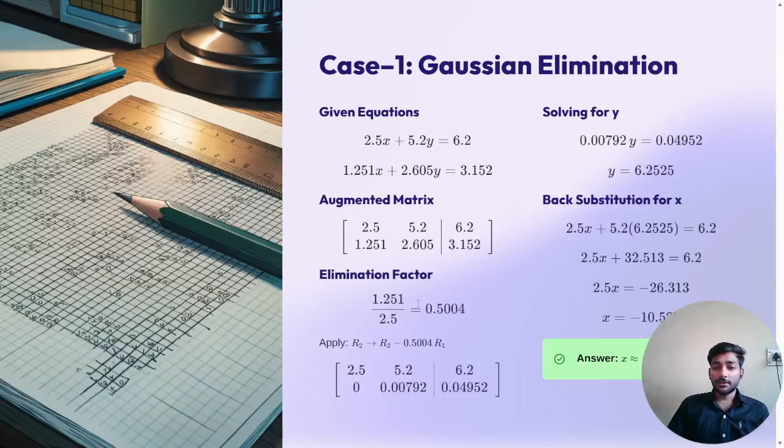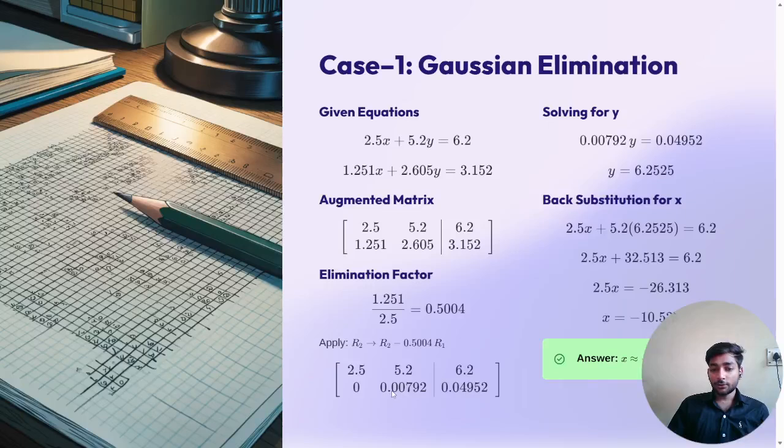After this, we calculate the value of the eliminator factor. Then we apply the row operation R2 equal to R2 minus 0.5004 into R1 on this augmented matrix, then we get this, and then we will find the value from here.